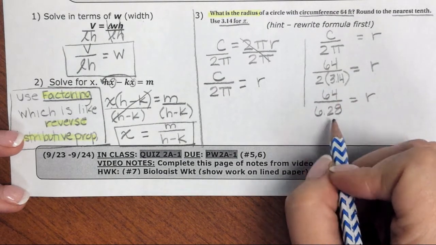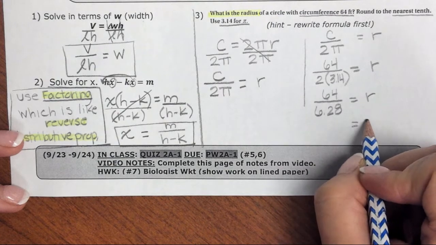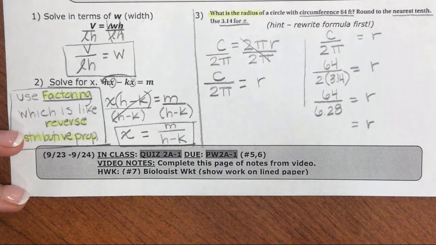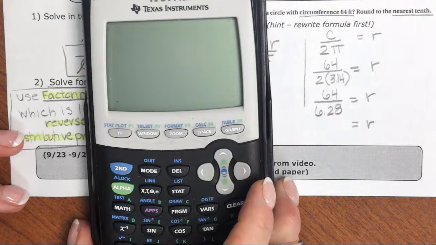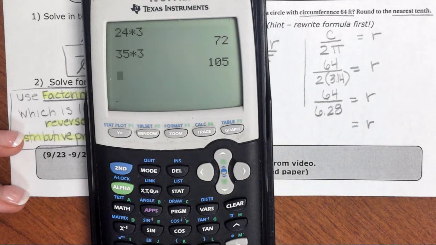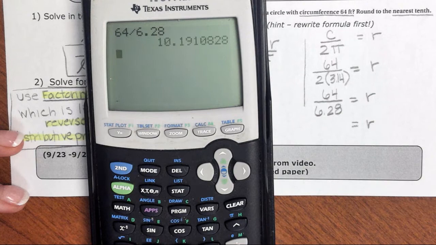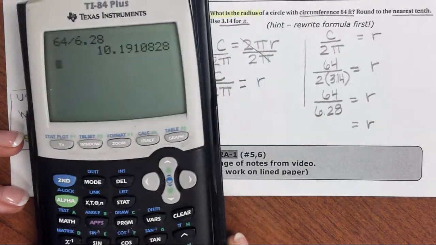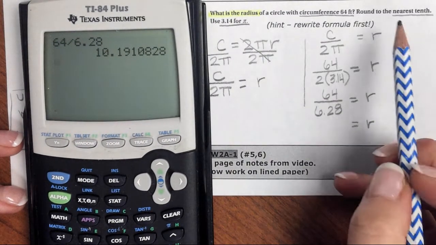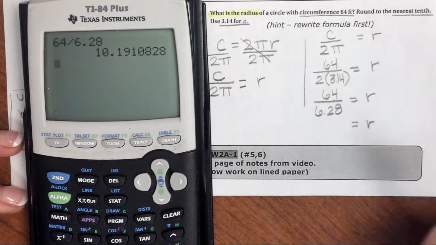And now all we have to do is divide these two answers. So 64, we'll do this on our calculator. Make sure it's cleared. We do 64 divided by 6.28, and we get this large value. But remember, it says in this problem that we need to round to the nearest tenth.